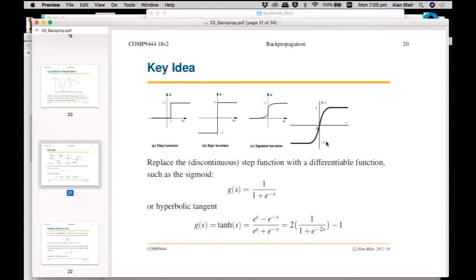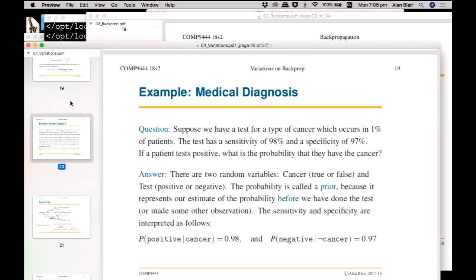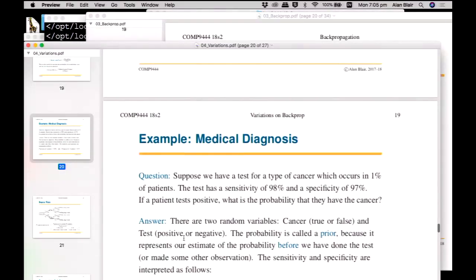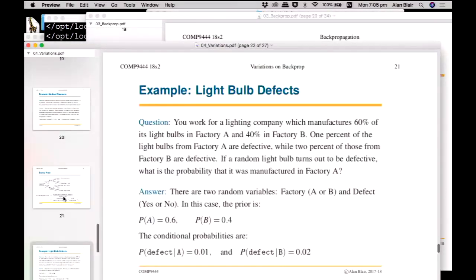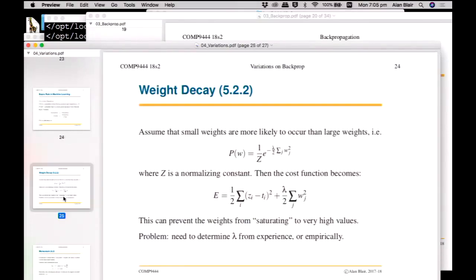Now, it's also sometimes referred to as elastic weights. Those of you who are familiar with physics might recognize that this is also like the formula for the energy of a spring using Hooke's law.